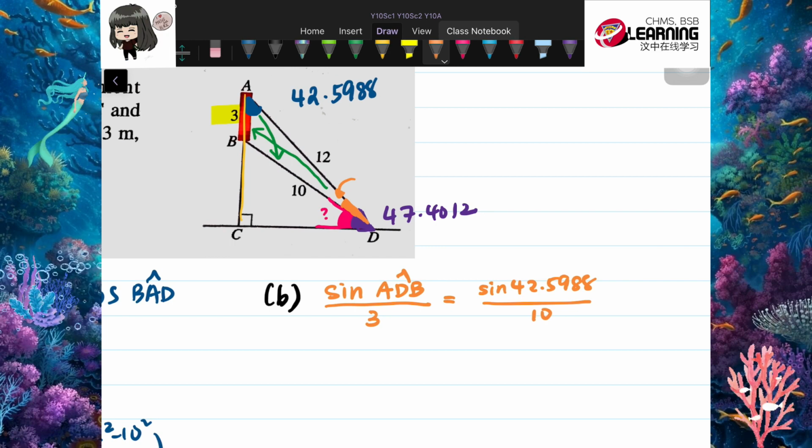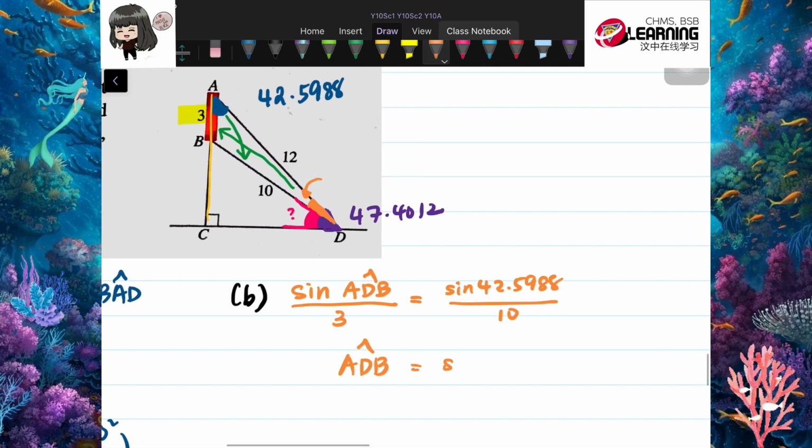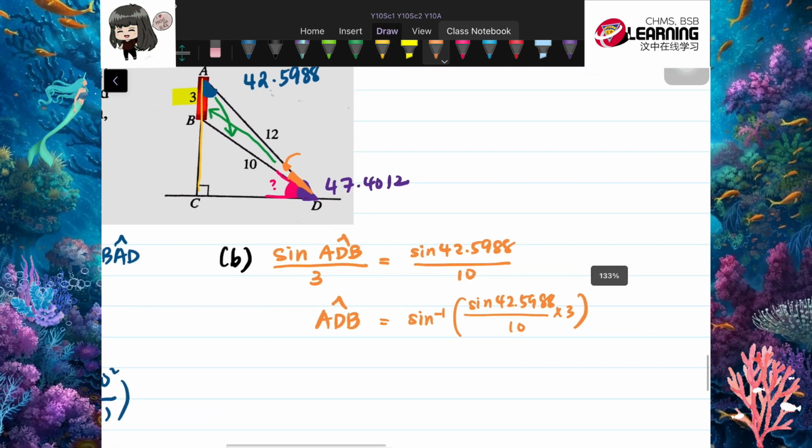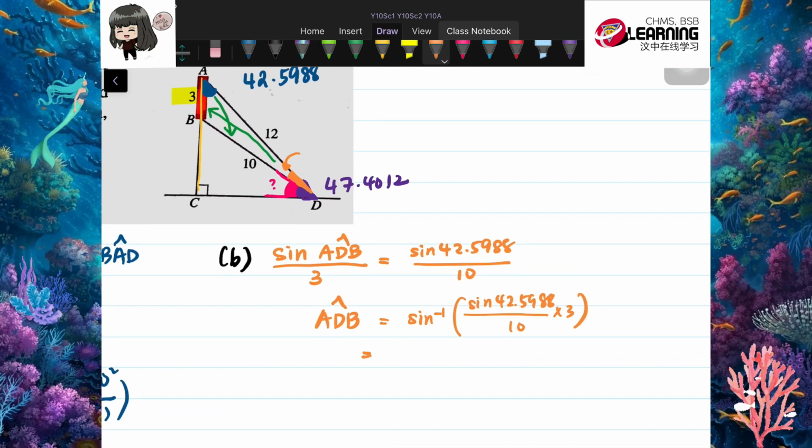Okay, so angle of ADB will be equals to shift sine of this over 10 times 3. Okay, so angle of ADB is 11.7158 degree. Okay, I'm not rounding it off because that's not the final answer that I'm gonna find.